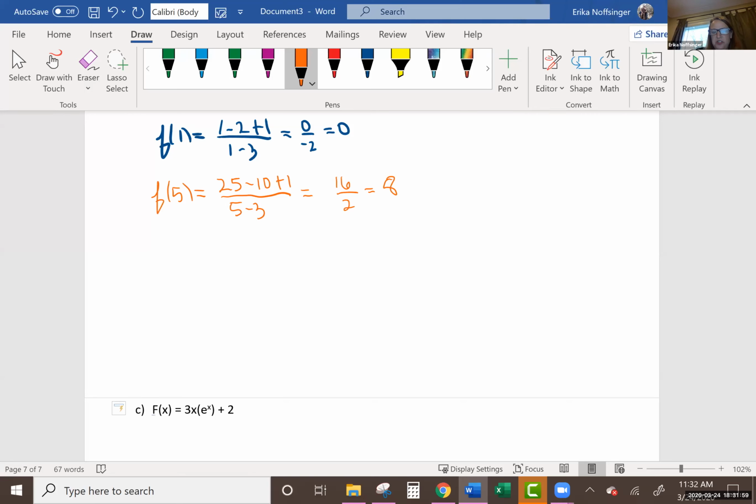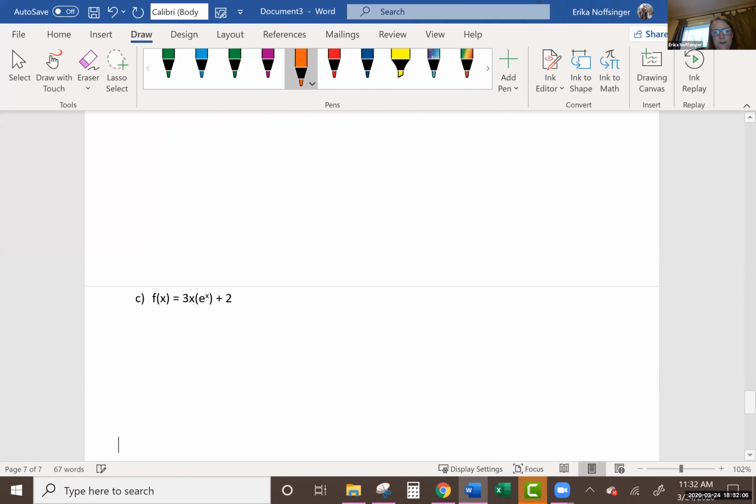So same directions as before, figure out where your relative extrema occur. So here's a case where we have to use our product rule when we take the derivative. Okay, so let's take the derivative of that.